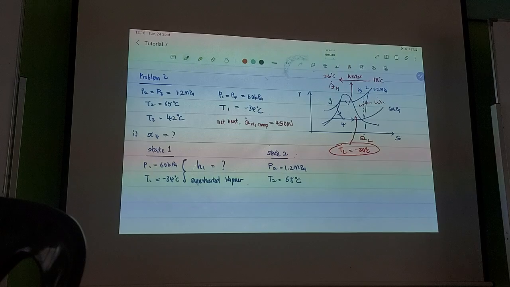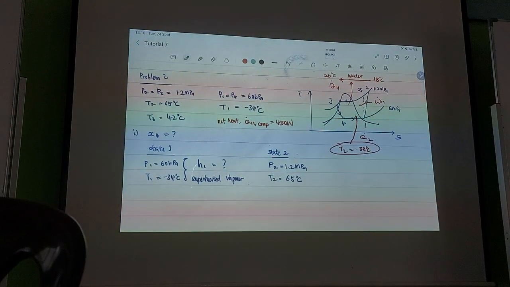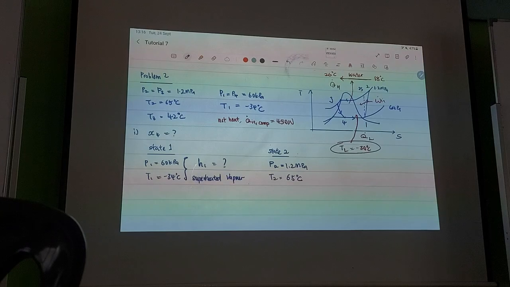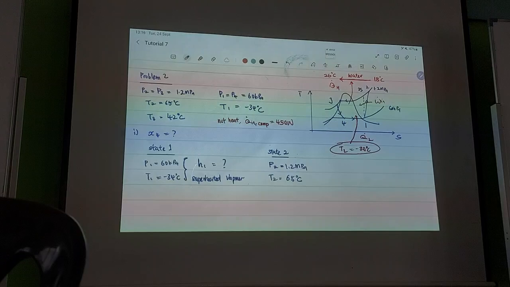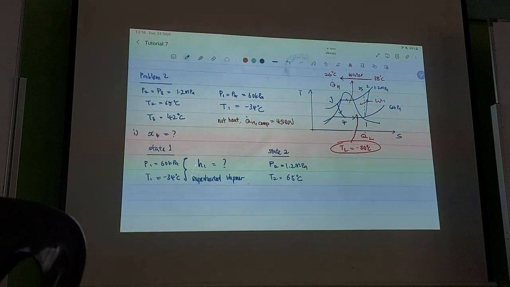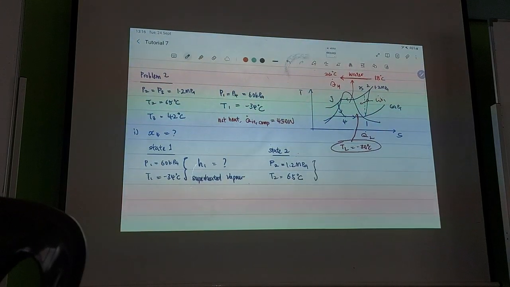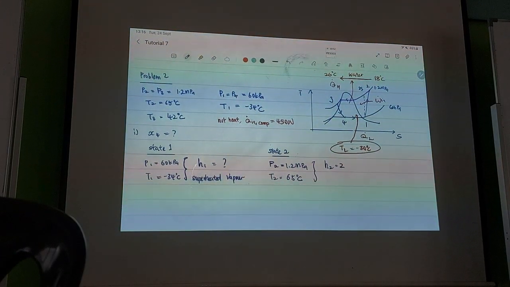So based on this 1.2 at 65, this is always 2 or 2a. It will never be 2s because 2s is the ideal one. Unless the question says this is an ideal cycle, otherwise information that's given to you are always for the actual cycle. So from here, same thing, you can find H2.